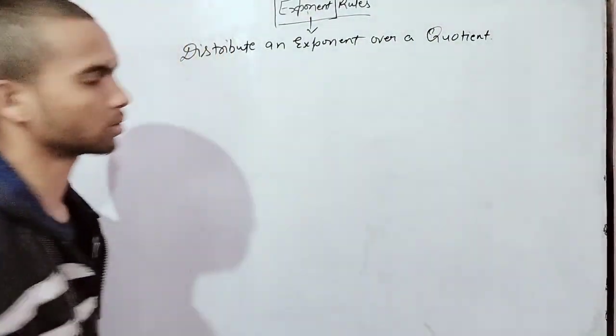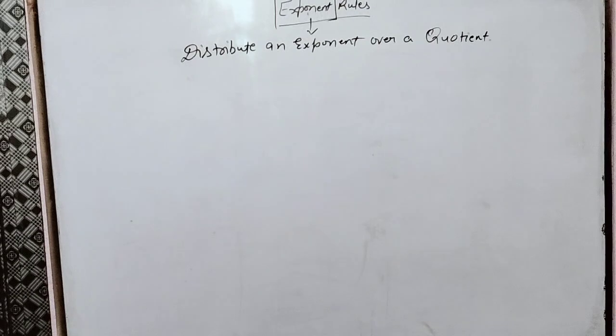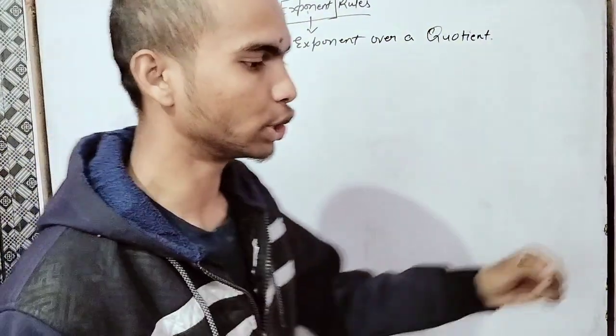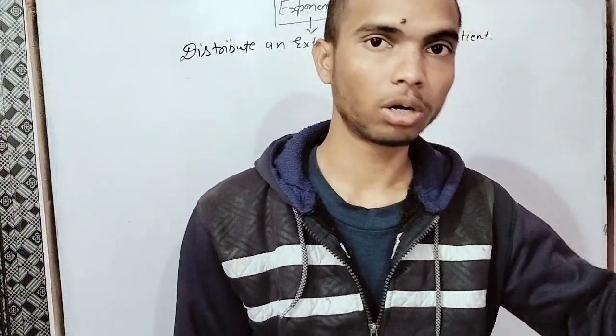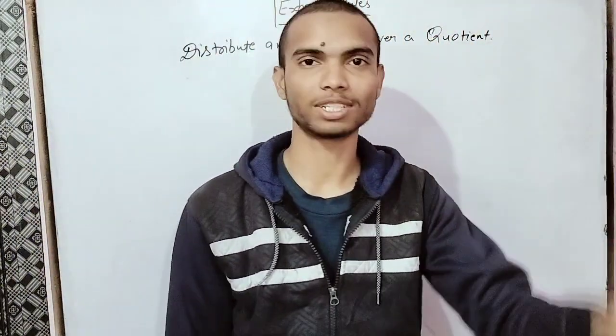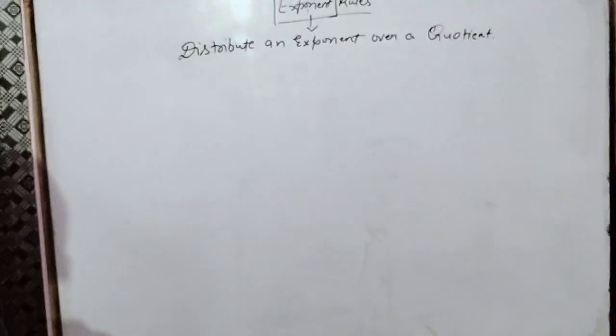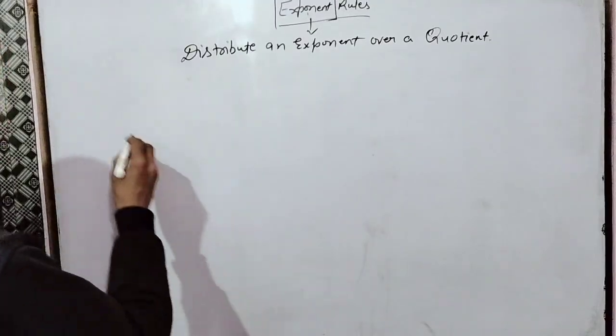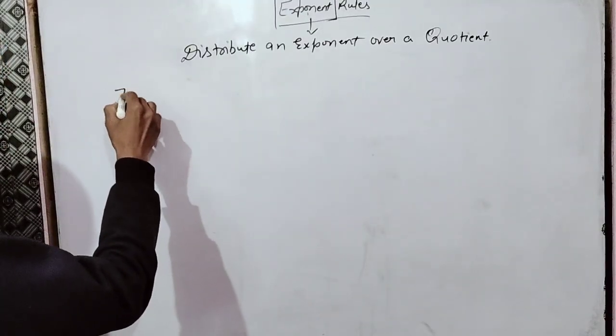Now, this is a statement. Clear? So it is the same. Distribute an exponent over a quotient, a division. So we have 7 by 8.